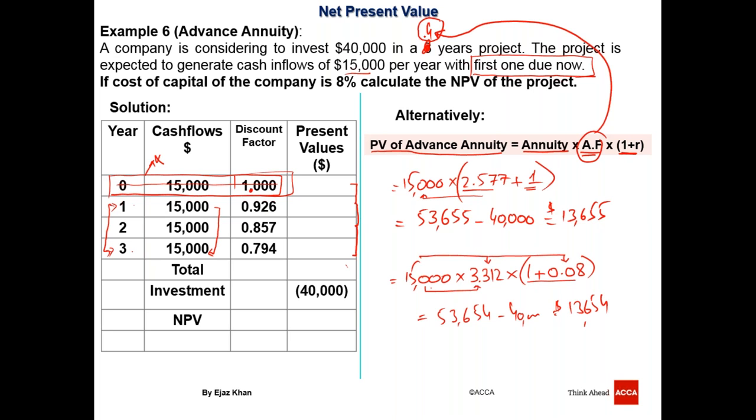Ali, 3.312 is the annuity factor for a 4 years project. If you just look at the annuity factor table, I hope you have the NPV factor table. Go to the 8% column and look at the fourth row.